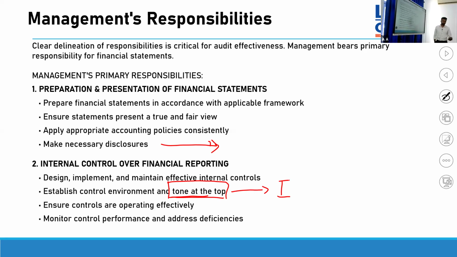Let's say if the manager is acting ethically, then the other employees follow that ethical principle. That is the tone at the top. So it is also management's responsibility to establish the control environment, right? Next one, ensure controls are operating effectively.